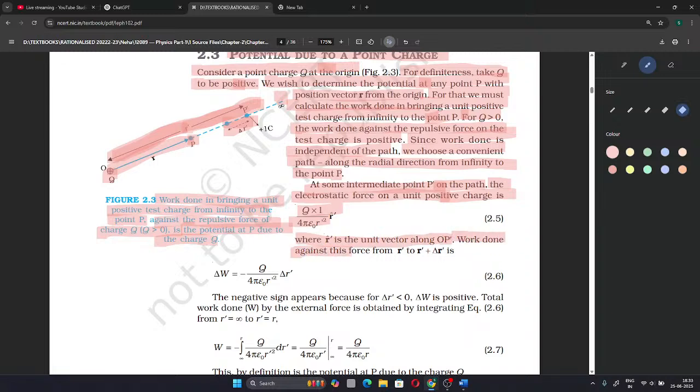Work done against this force from R' to R' plus delta R'.